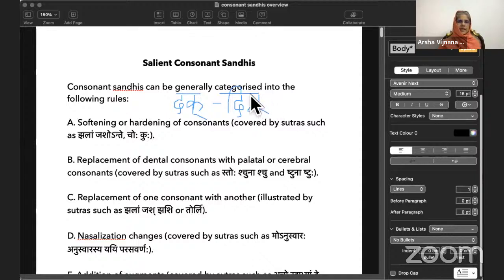So let me get the eraser here. Dik becomes dig depending on what follows it, and we have plenty of time to look at that, but I'm just giving you an idea.